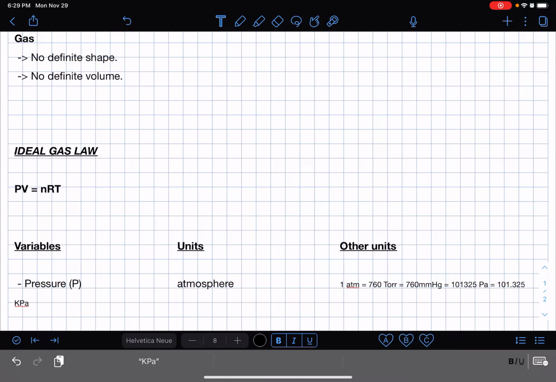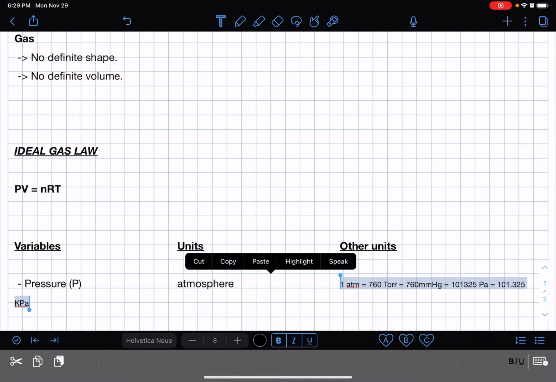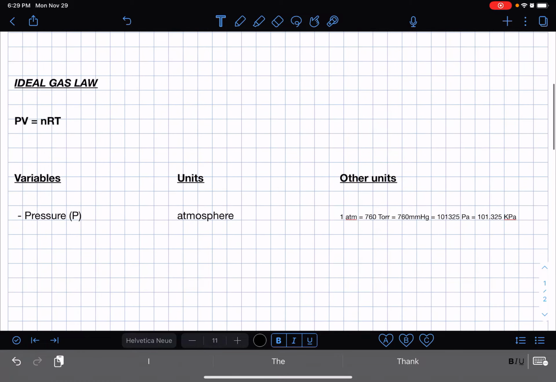You abbreviate kilopascal as kPa. I hope this doesn't become confusing.